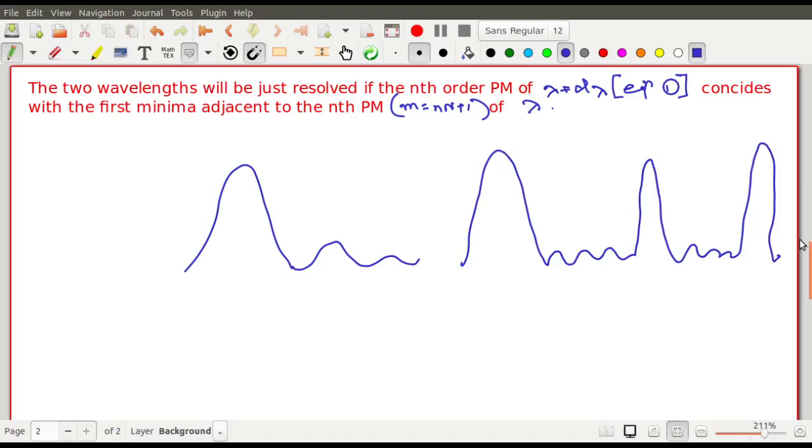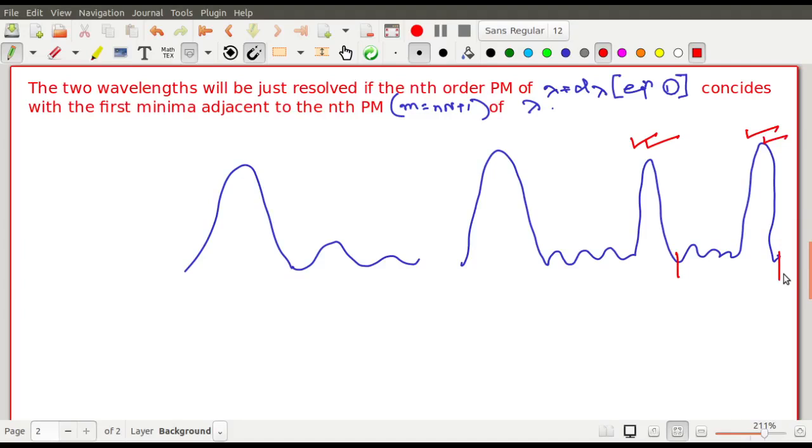So now the question is which principal maxima you are using for your resolution. If you are using this principal maxima, then you should take this particular minima. Understood? If you take this principal maxima for your resolution, then you should take the minima adjacent to the nth order principal maxima.